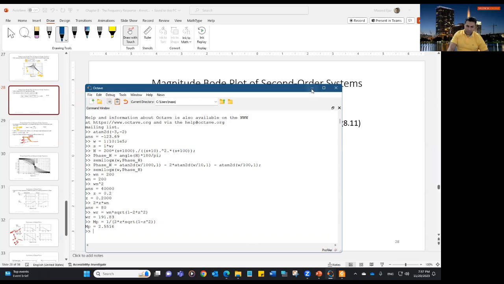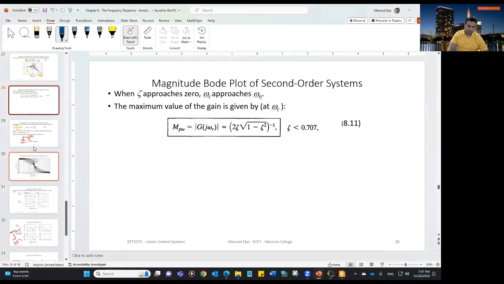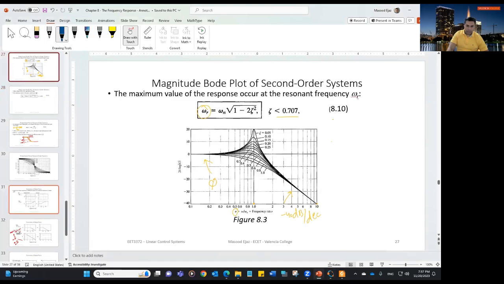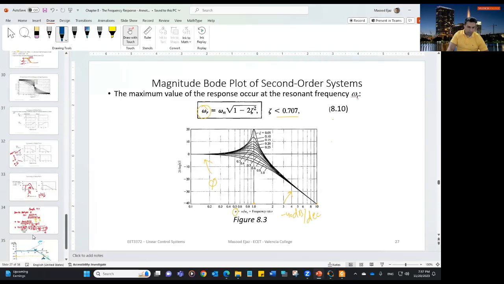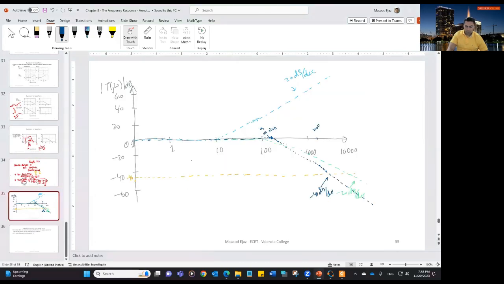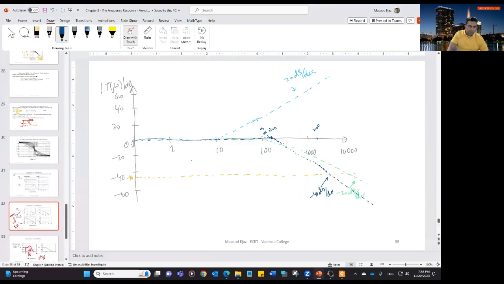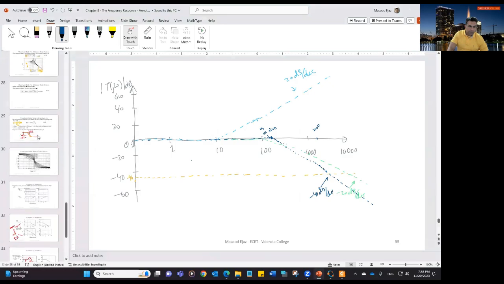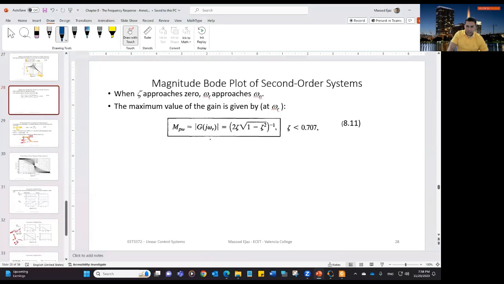So the peak value is 2.5516. Are we taking the decibel of that? I believe we are taking the decibel of that to show the peak value, but this is not in decibel.